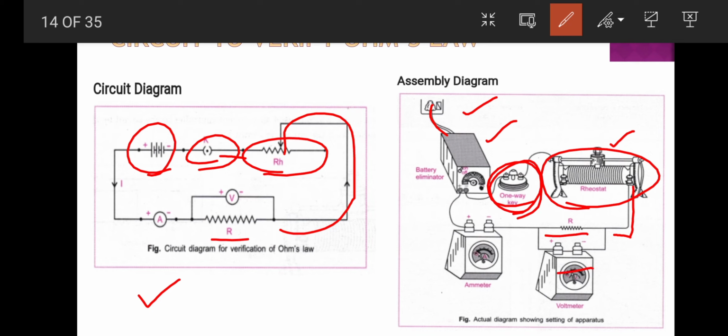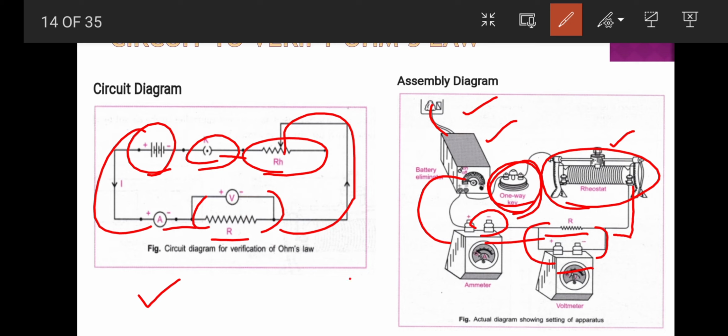Okay, so see here, it's connected across the positive and negative terminals of the resistor, and it is further connected to the ammeter. See here, it has been connected to the negative terminal of the ammeter. The positive terminal is connected to the positive terminal of the battery. So this is how we will be connecting, and this circuit is to verify Ohm's law.